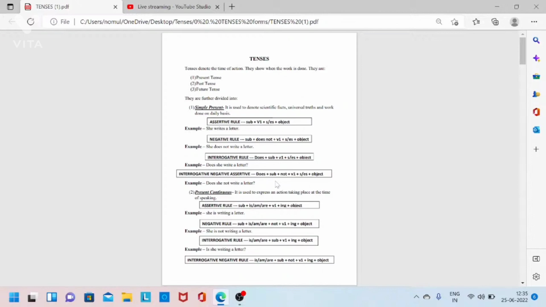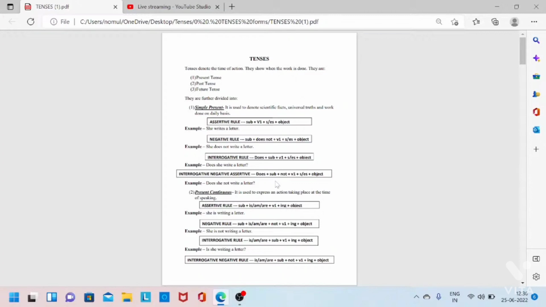And for the interrogative, it's the question form, okay. For the question form, we use does plus subject plus v1 formation, and s or es will be added for that, plus object. Sometimes the rule might also change, like does plus subject, right? Sometimes they get exchanged also. Does she write a letter? Okay, does she write a letter?